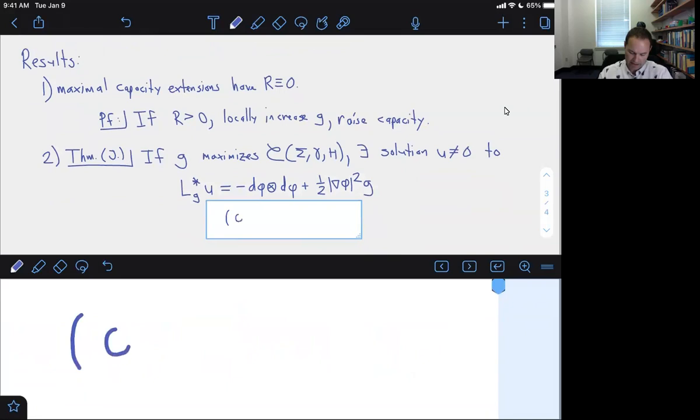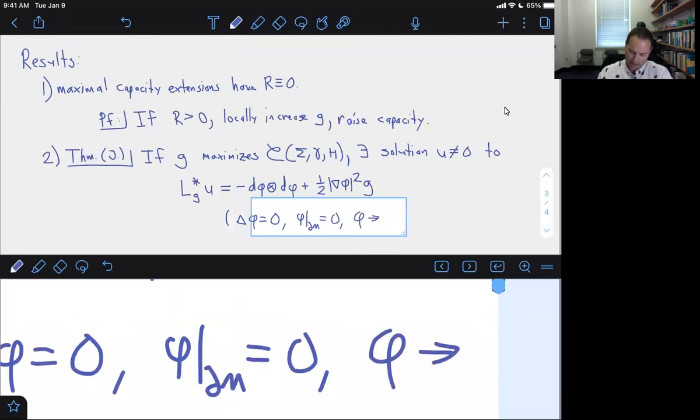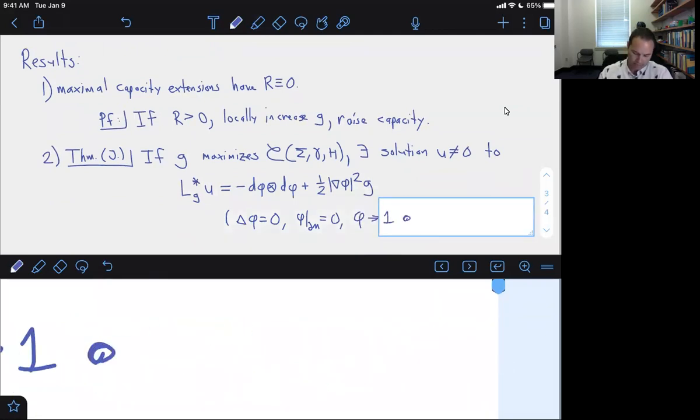Phi is the capacitary potential. So phi is the harmonic function that is 0 on the boundary and 1 at infinity. Okay. So if you want to look for maximizers, this PDE is what you'll be studying here. So again, it's like the static equation, but there's this additional term involving this harmonic function.